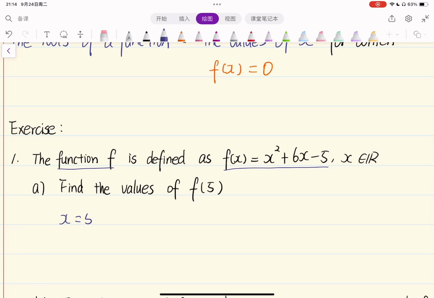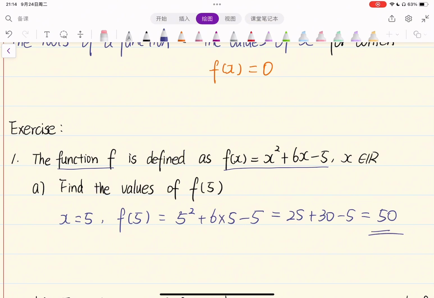It means x equals 5, and f(5) equals 5 squared plus 6 times 5 minus 5, equals 25 plus 30 minus 5, equals 50. That is the answer.